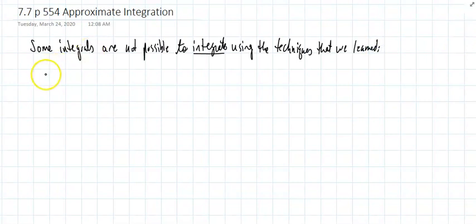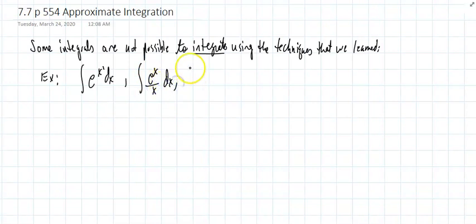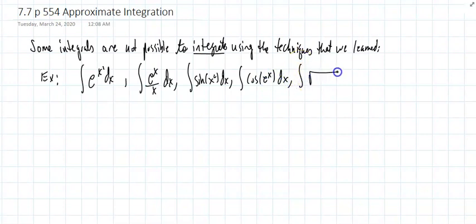Some of those are the integral of e to the x squared dx, the integral of e to the x over x, the integral of the sine of x squared dx, the integral of the cosine of e to the x, and there are plenty. Those are a few.